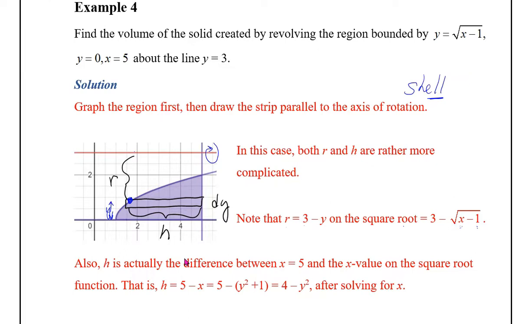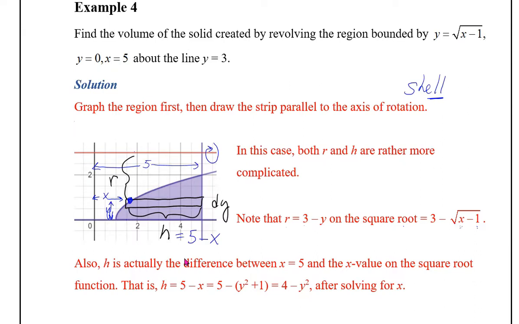Notice that the height of the strip is also a difference. Again, our x value is measured from the y-axis, which is here. Coming out to the same point then, that is the representation of x. However, we have this vertical line at x equals 5. Since it is 5 coming all the way from the line at x equals 5 back to the y-axis, this measure right here, which represents the height, must be equal to 5 minus the smaller distance of x.